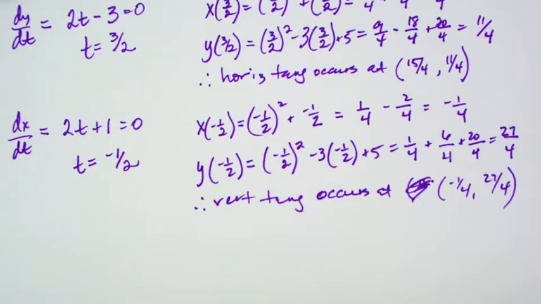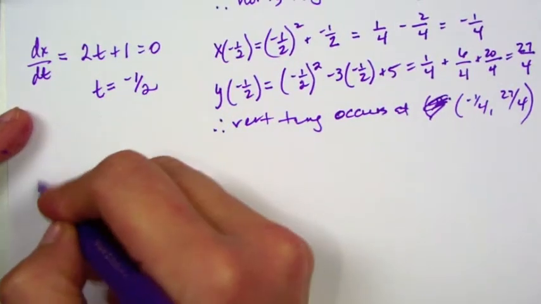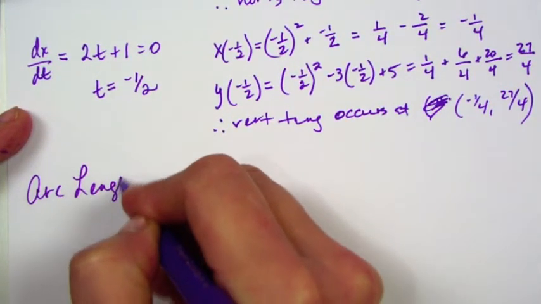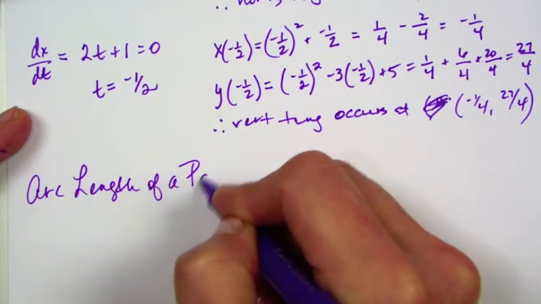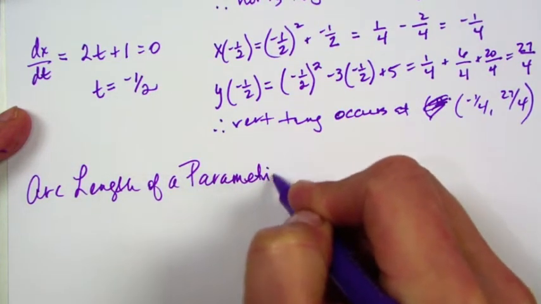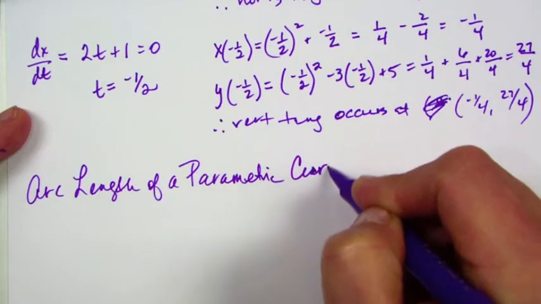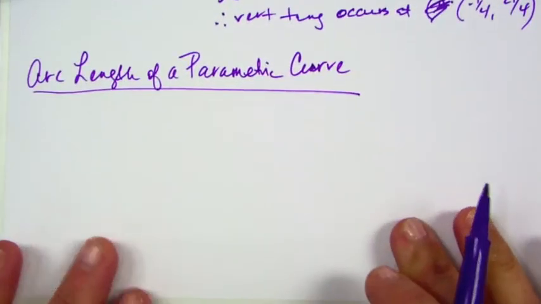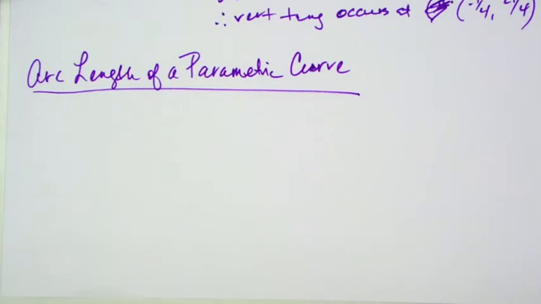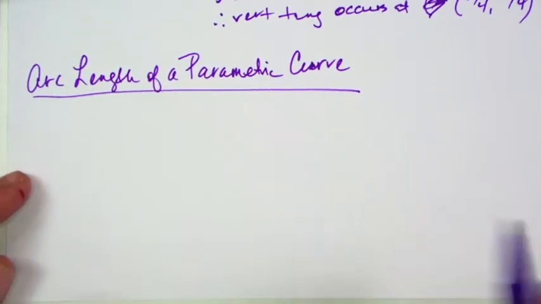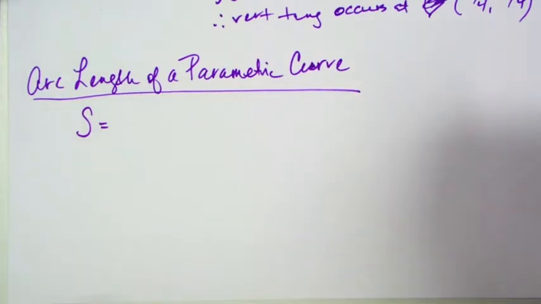And then, well, it wasn't totally correct. So we had to do that right there. So arc length of a parametric curve. Nothing says you can't use L again for arc length.